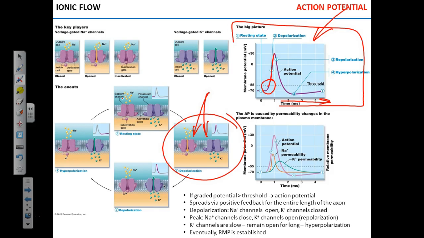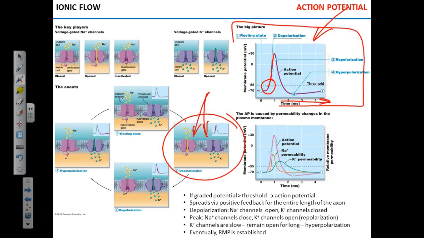So sodium passively diffuses into the cell. Sodium is how charged? Positively. So positively charged sodium ions get into the cell and they increase the membrane potential, making it less negative or more positive, whatever characteristic you want to give it.